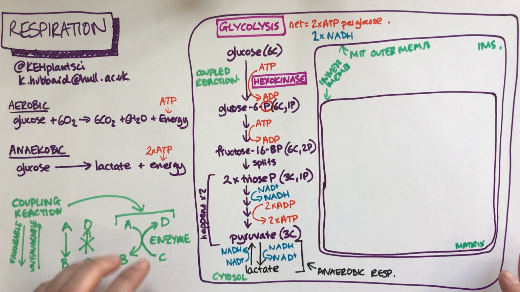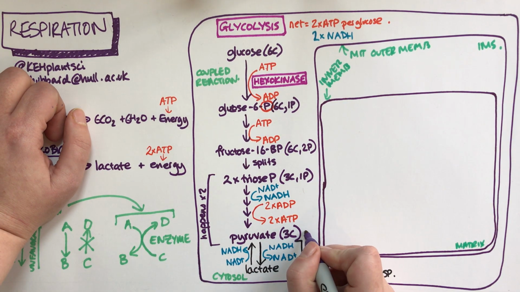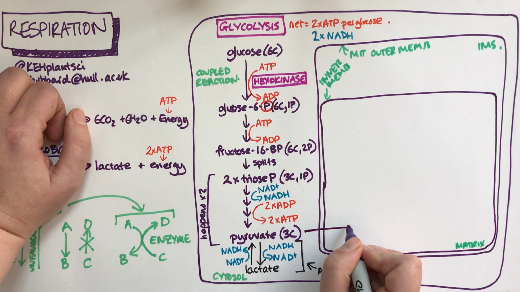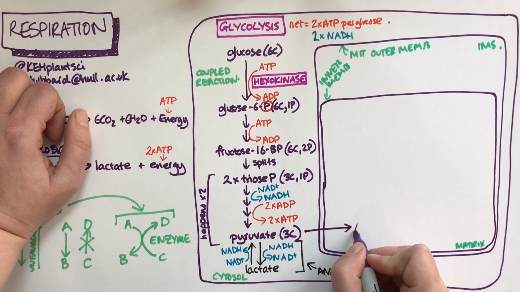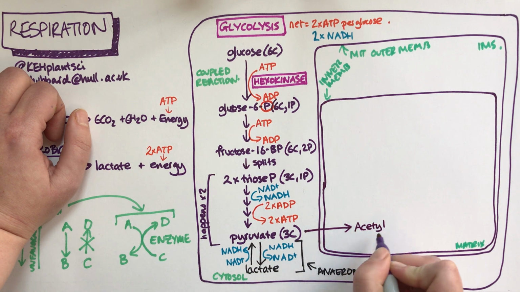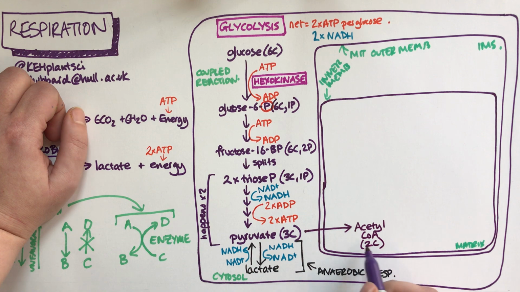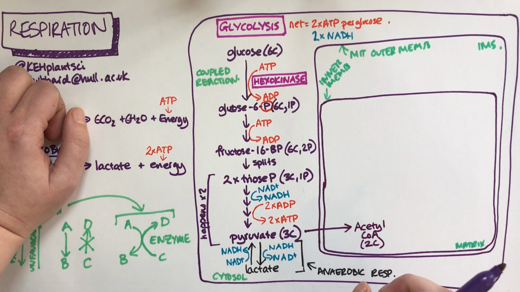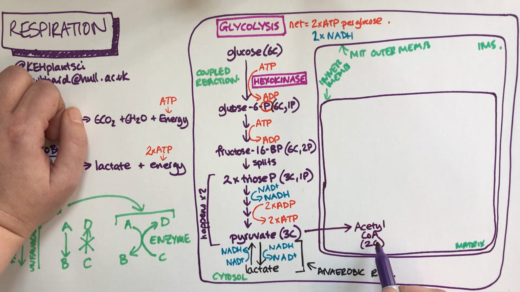Okay, so we've got our pyruvate. Pyruvate, if we're going to do aerobic respiration, we move into the mitochondria, and that gets converted to a molecule called acetyl-CoA, which is actually not just a 2-carbon molecule, it's 2 carbons attached to a big carrier, but in terms of what's important, there's 2 carbons there.